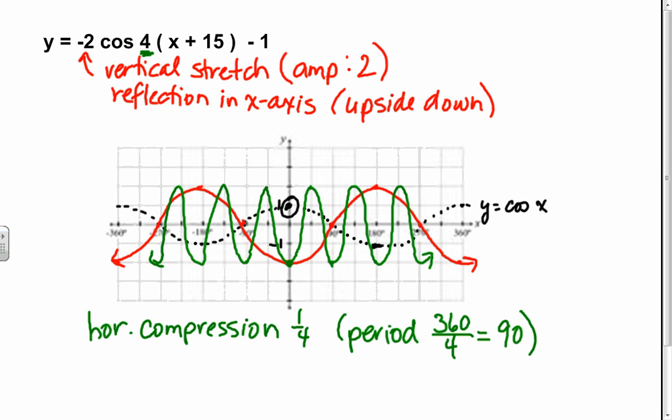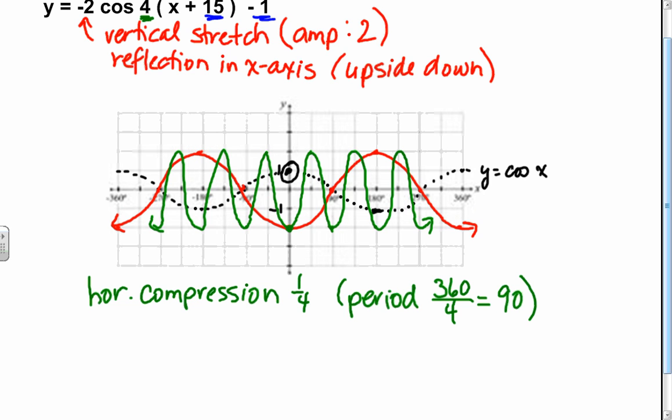The next two things that I see are the 15 and the -1, and they are both translations from the first day that we looked at transformations. One is horizontal and one is vertical. I have a horizontal translation in brackets because it's close to the x value, left 15. Horizontal is always strange.